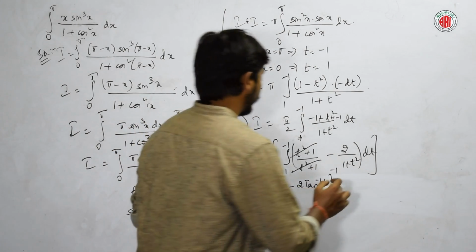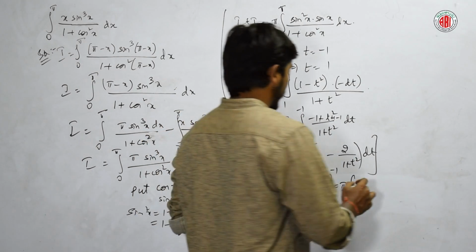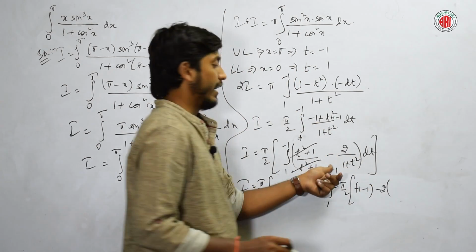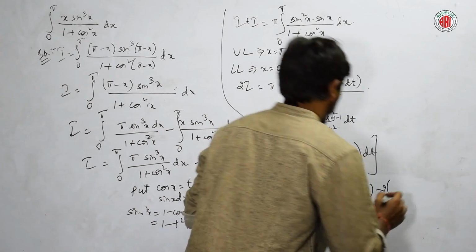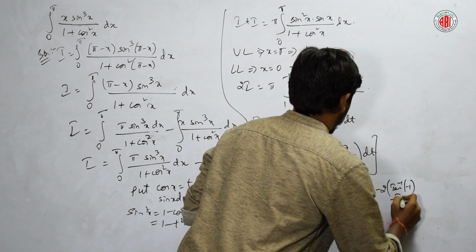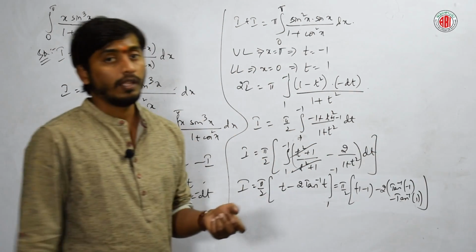That is pi by 2 minus 1 minus 1, minus 2 tan inverse minus 1 minus tan inverse 1. Okay.